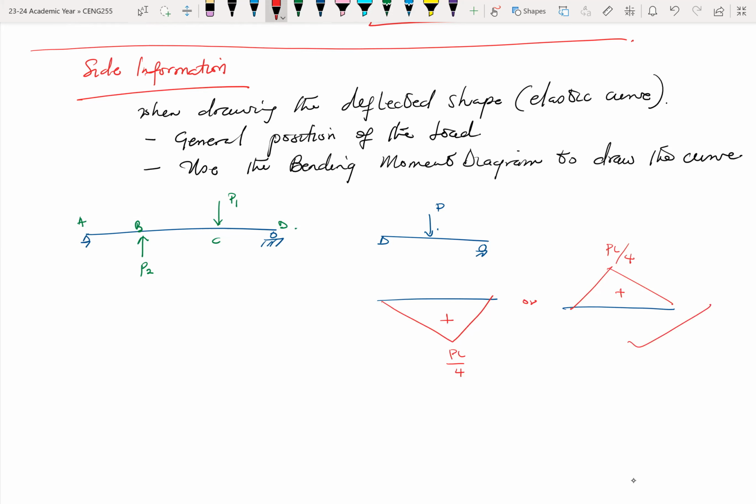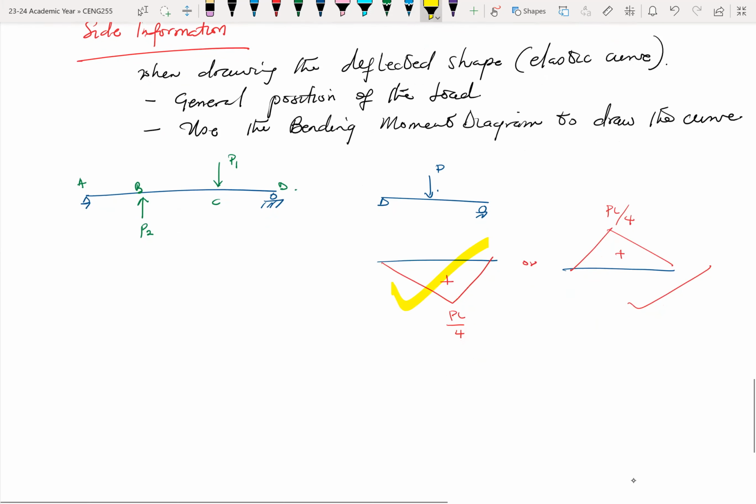But you go through some books and they prefer the other approach. The reason we prefer the approach where positive is downwards is because that follows the direction of the deflected shape.